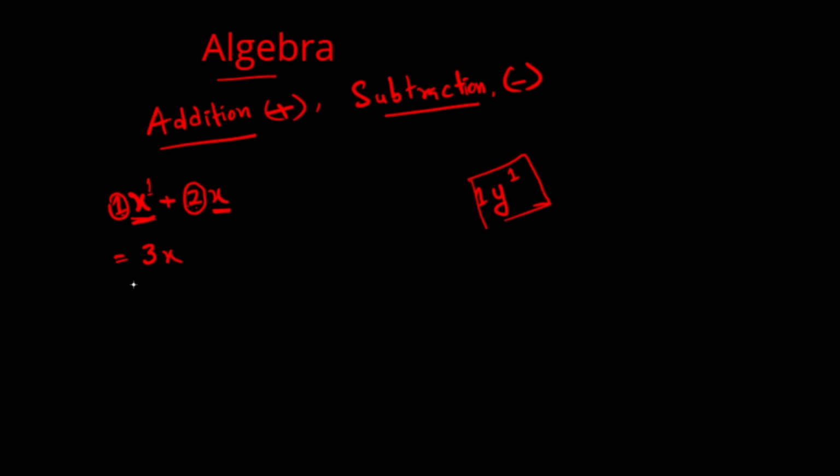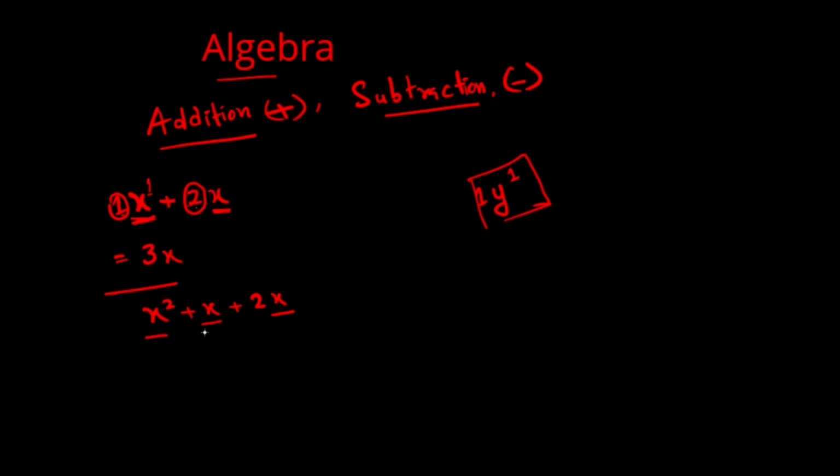And later you can write another problem like x square plus x plus 2x. So here, how to add this? We simply have to see the bases, like this is x and this is x and this is x square.